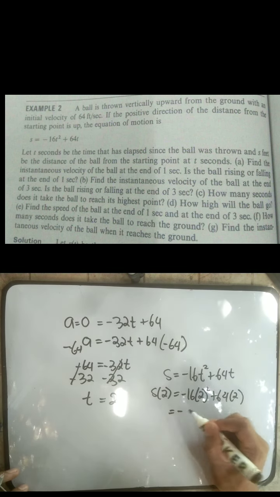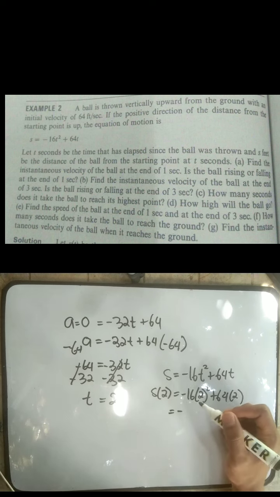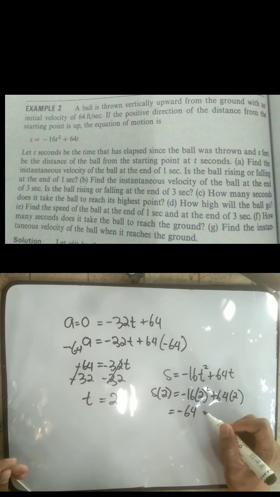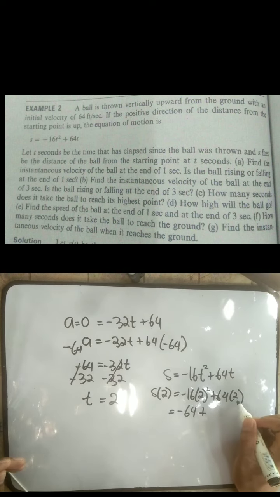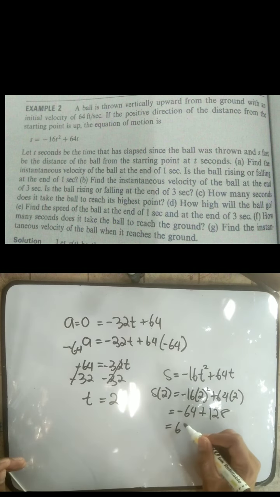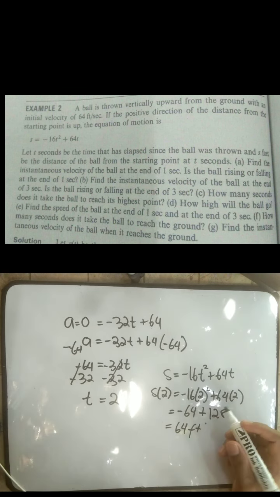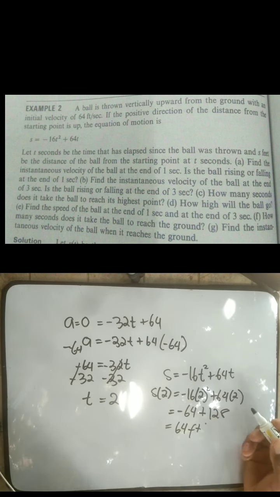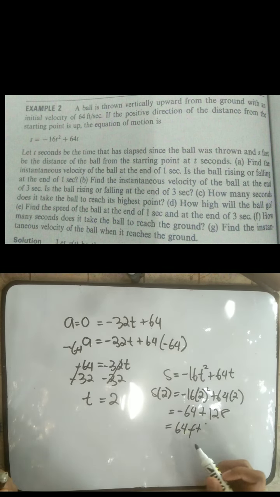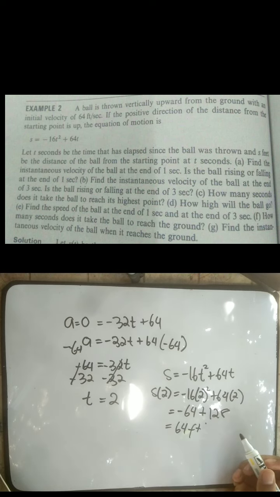So we get negative 64 plus 128. Adding, we'll get 64 feet. So the highest point the ball goes is 64 feet.